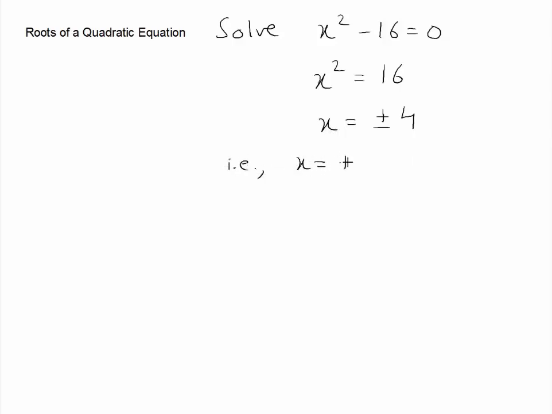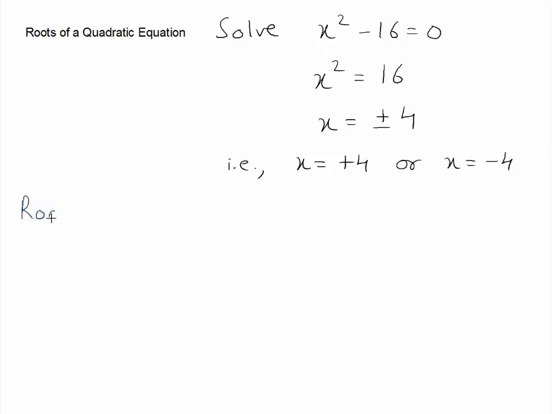Now next is roots of a quadratic equation. Let's say someone asks you to solve x square minus 16 equals 0. The method to solve this is, we write x square equals 16. So x equals square root 16, which is plus minus 4, which means x is either plus 4 or x equals minus 4.